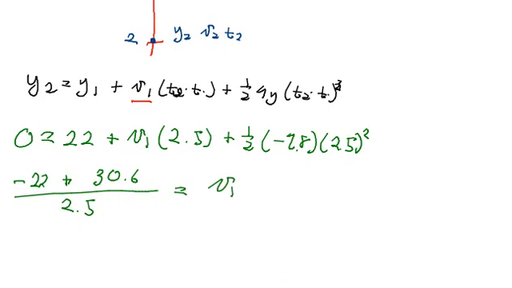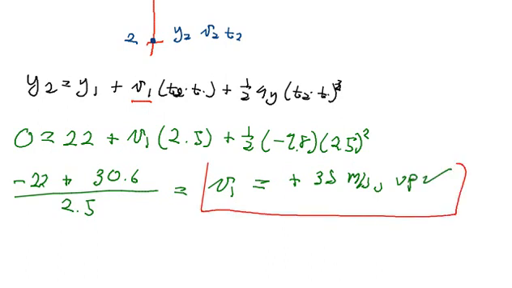So that gives us v1 equals positive 3.5 meters per second, and I'm pleased to see that that sign is positive, which agrees with our analysis that the initial velocity of the brick is upwards.